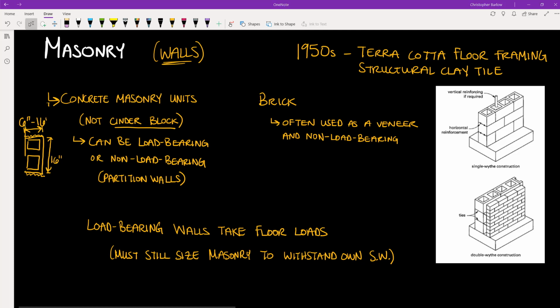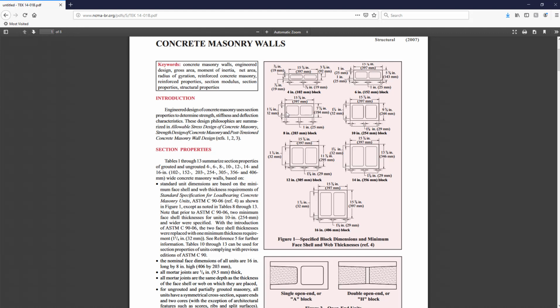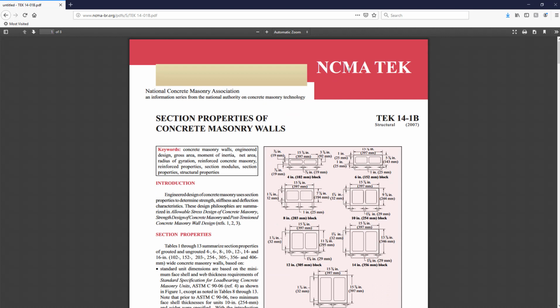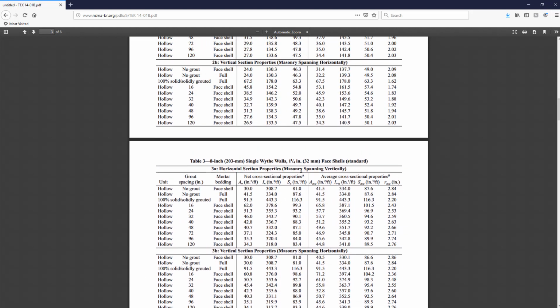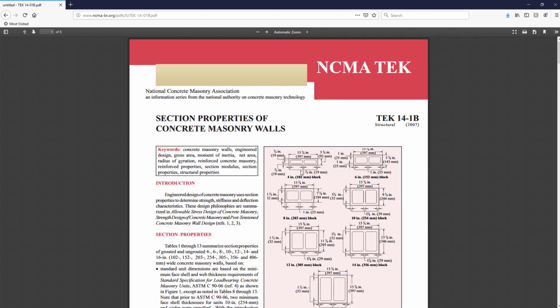And you can see the standard dimensions for blocks here. And this specification comes from NCMA, or the National Concrete Masonry Association. And this manual that gives the standard sizes and section properties for masonry is Tech 14.1b.